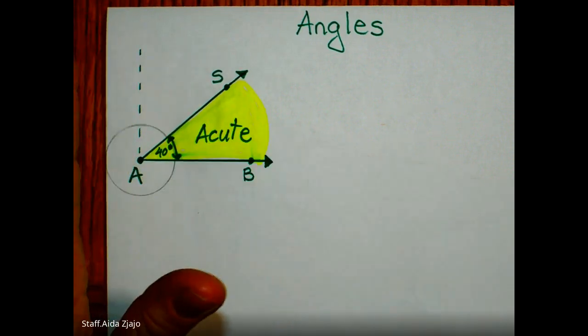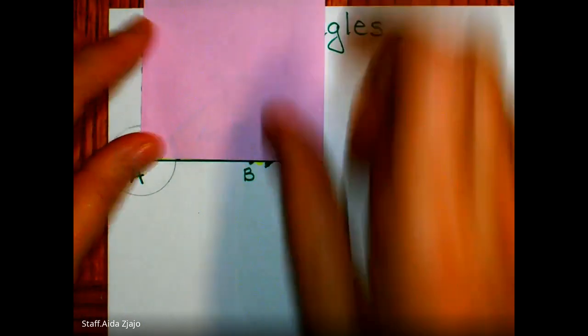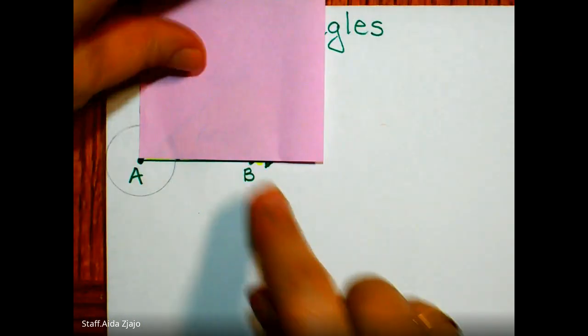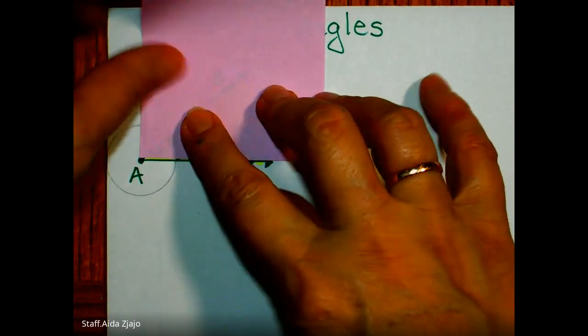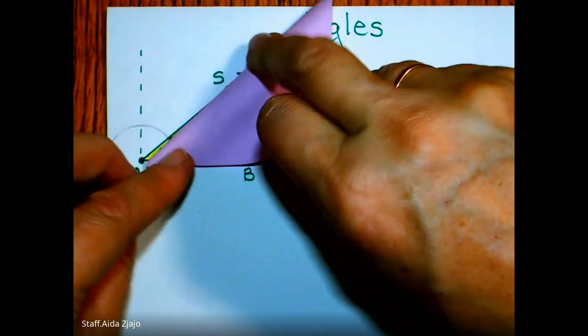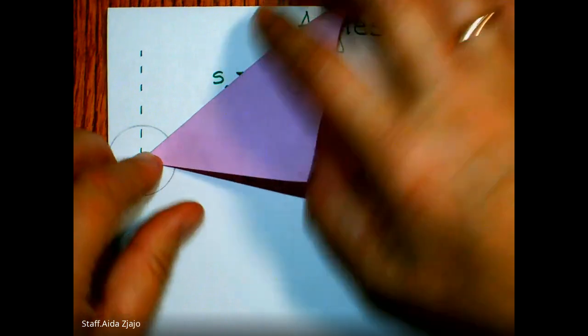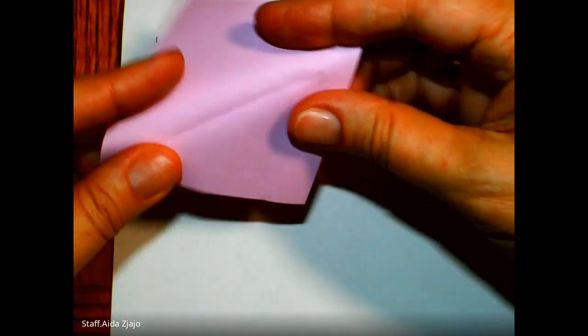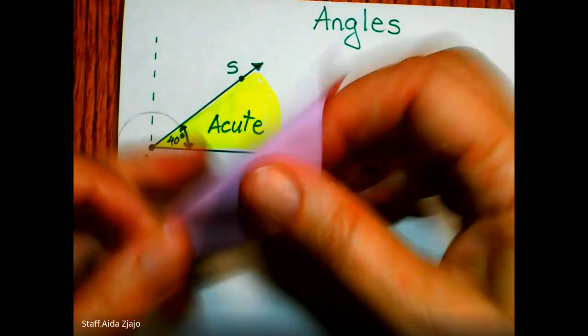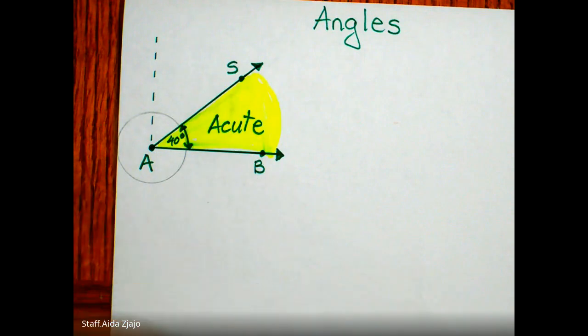We also can use the paper sticker, because that shows us that our angle is much less than 90 degrees. So our angle is an acute angle.